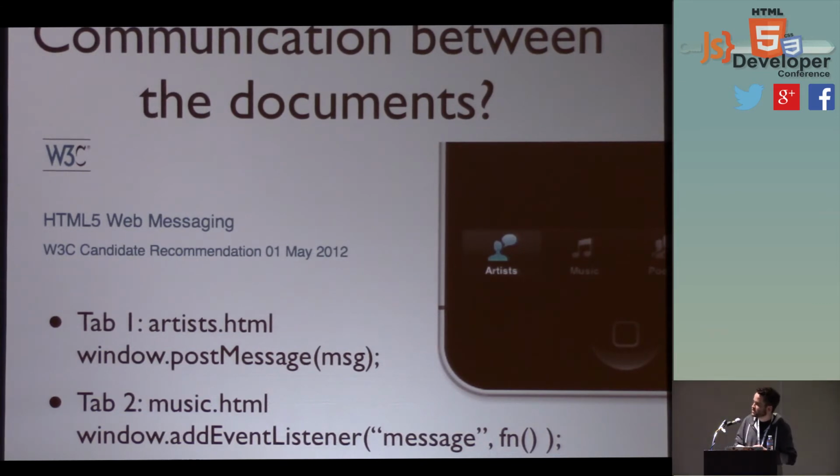So in this example, you have the artist tab selected, and in the music tab, you want something to change when something's changed inside the artist tab. So the HTML JavaScript in the artist tab just sends out the message, and then the music tab that runs music.html just listens for those messages and acts based on those. So it's a very nice way to do evented programming.